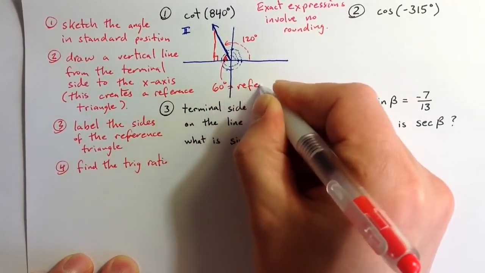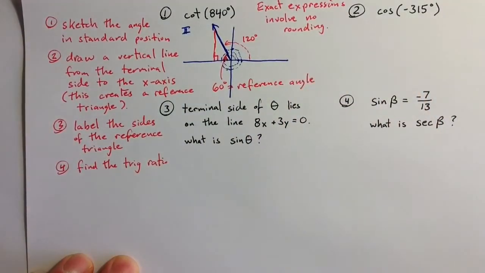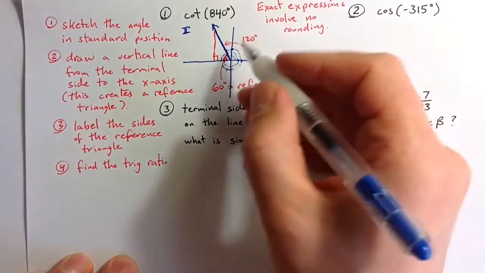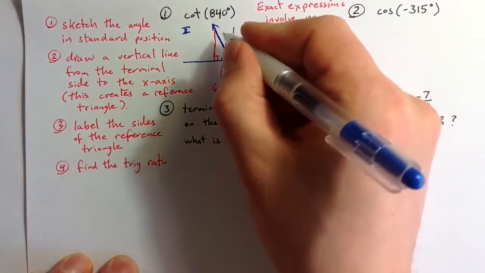So let me make a note of that. 60 degrees is the reference angle. And so with that information, we can label the sides. This is going to be a special right triangle, a 30, 60, 90 right triangle.